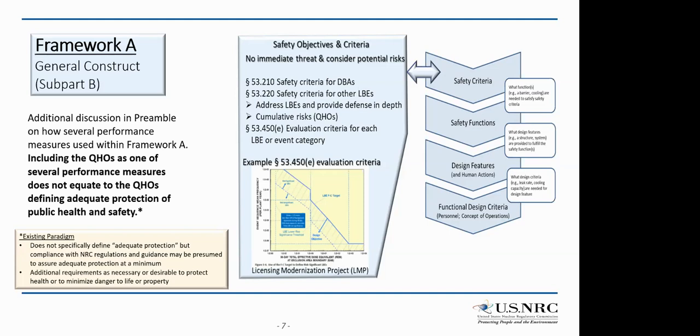And then lastly, within that category of other licensing basis events is the measure or the requirement to address a cumulative risk measure, for which we use the NRC safety goal policy statement, and more specifically the QHOs, the quantitative health objectives.